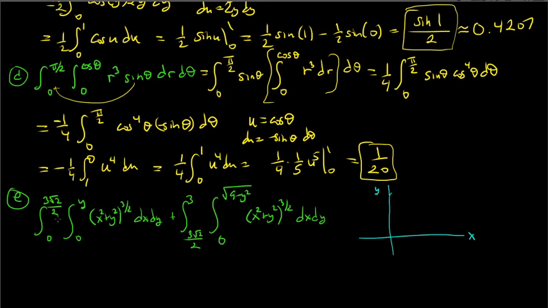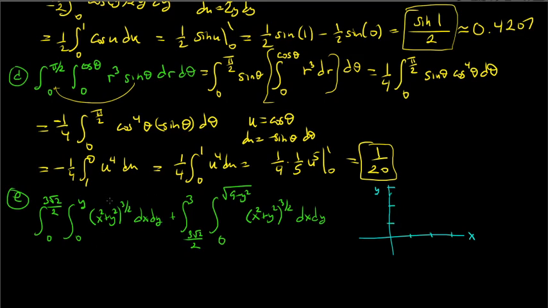So 3 square root of 2 over 2, yeah, it's just over 2, right? 2.1 or so. So let's make this 1, 2, 3, 1, 2, 3.